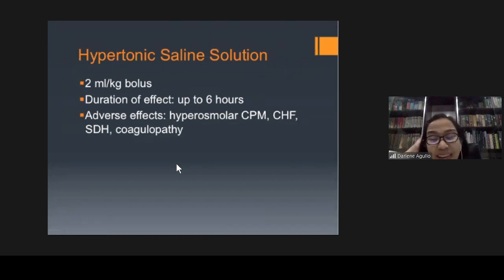Our NSS, normal saline solution, is just 0.9%, while HTS is 3%. So that's quite a lot.